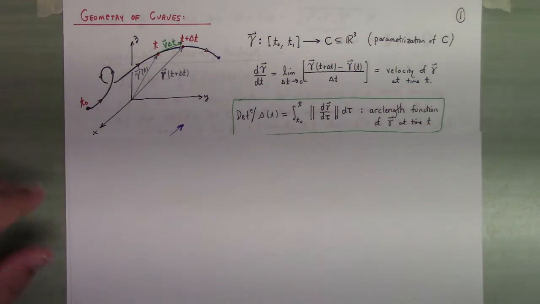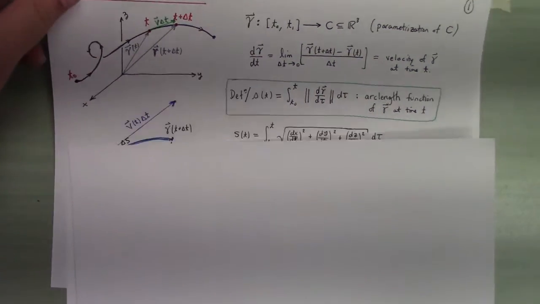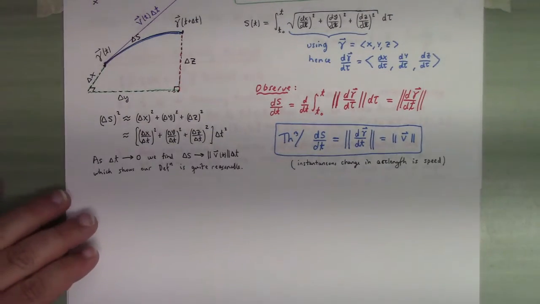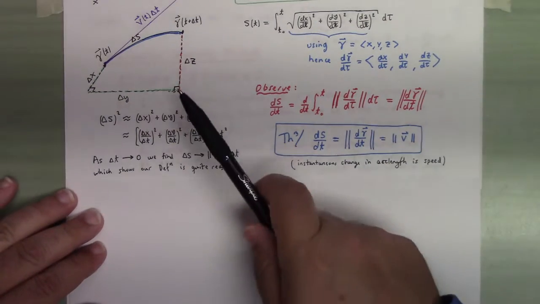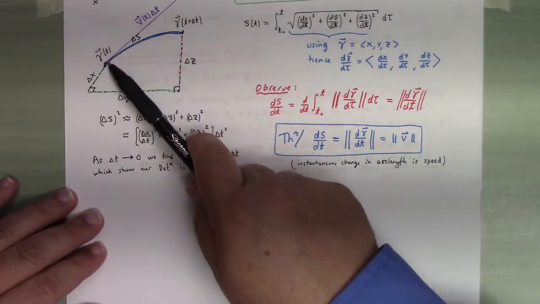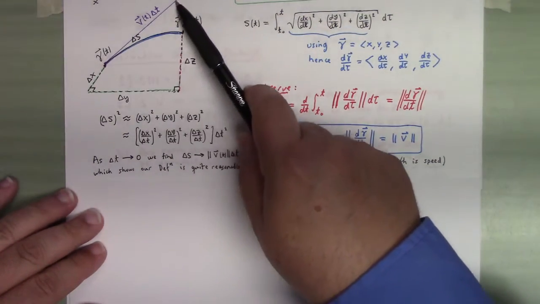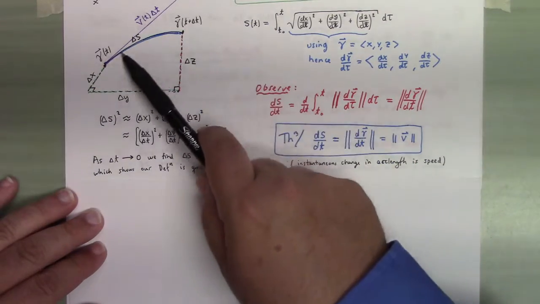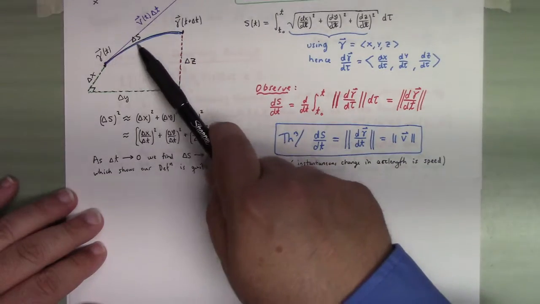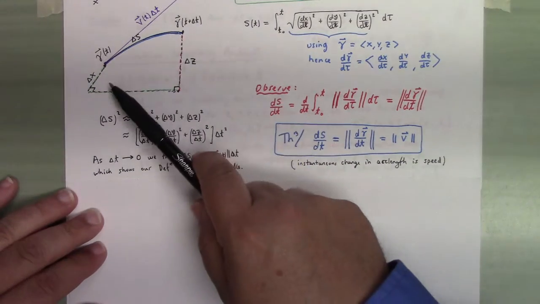And we can understand why that is if we just look at some little pictures. I mean, here's a motivation. That is a definition, but here's a motivation for the definition. If you look at this little bit of arc length, we could approximate it by the velocity times change in time. And as delta t goes to 0, this purple line and this blue curve get closer and closer together.